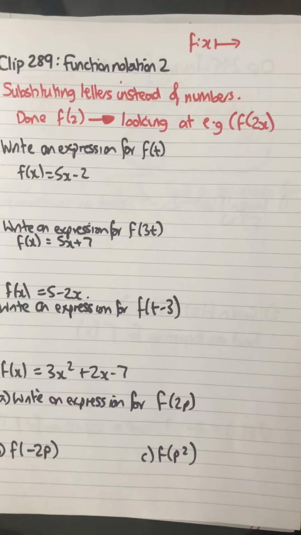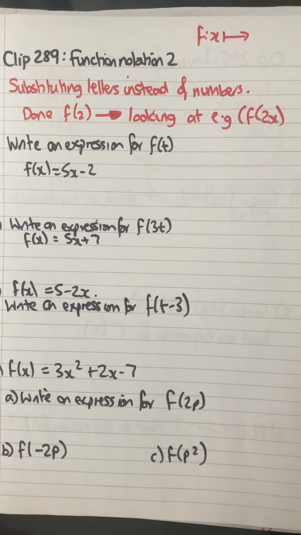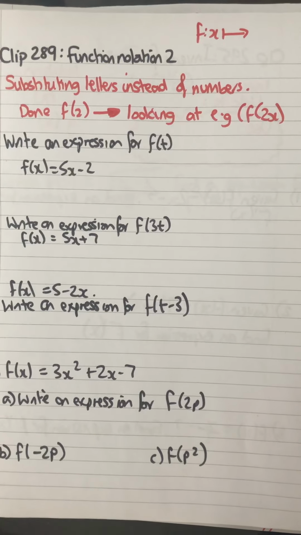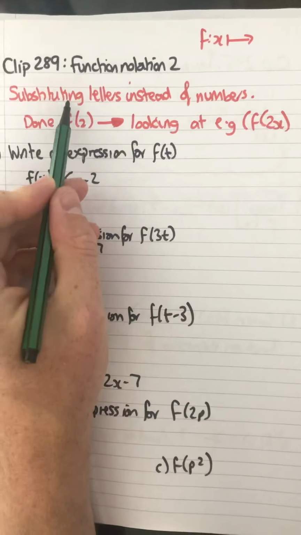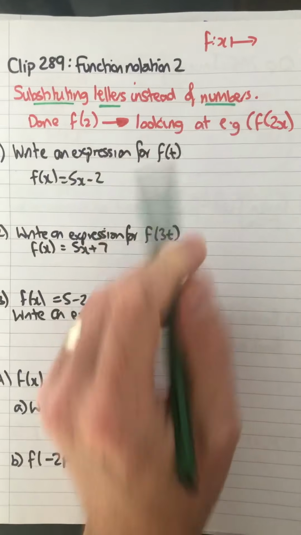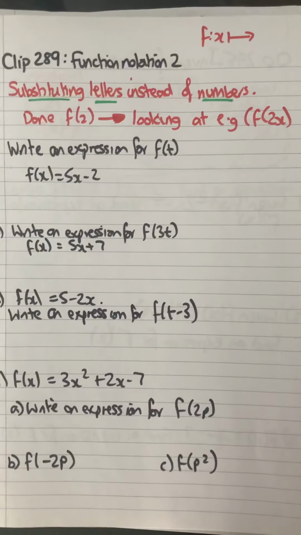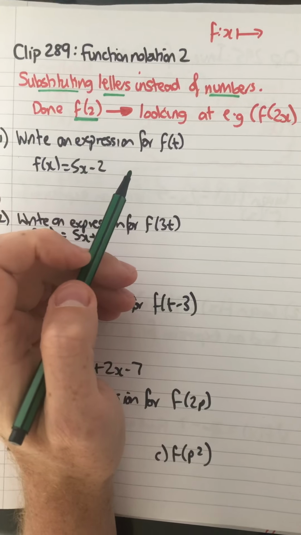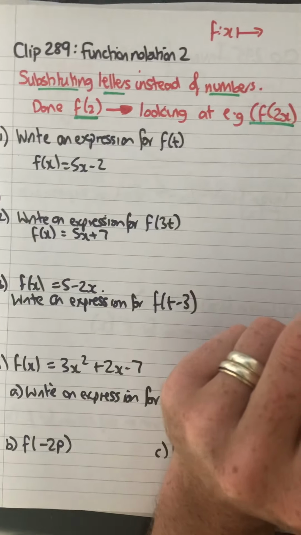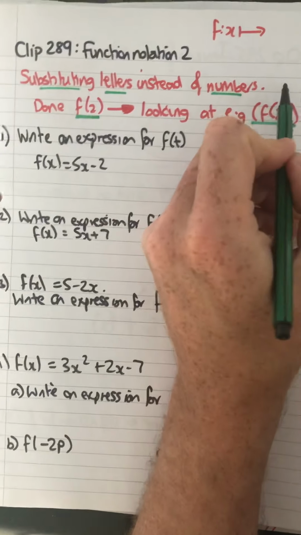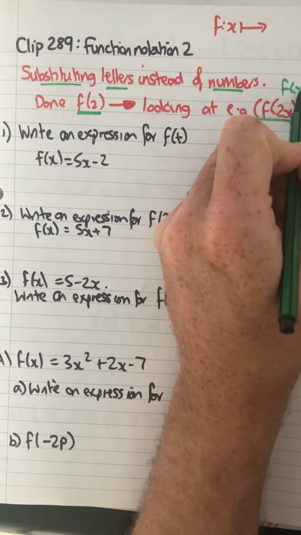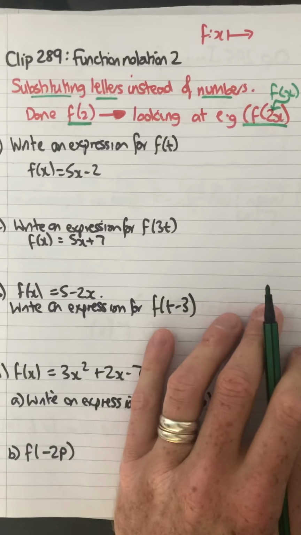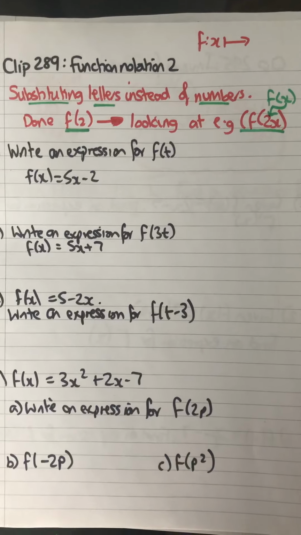Function notation 2. In clip 288 we did substituting numbers. This time we're going to substitute letters instead of numbers. That's the type we've done, which is putting a number in. We're now going to look at questions where we're changing it from f of x, replacing the x with something else that's got letters involved.